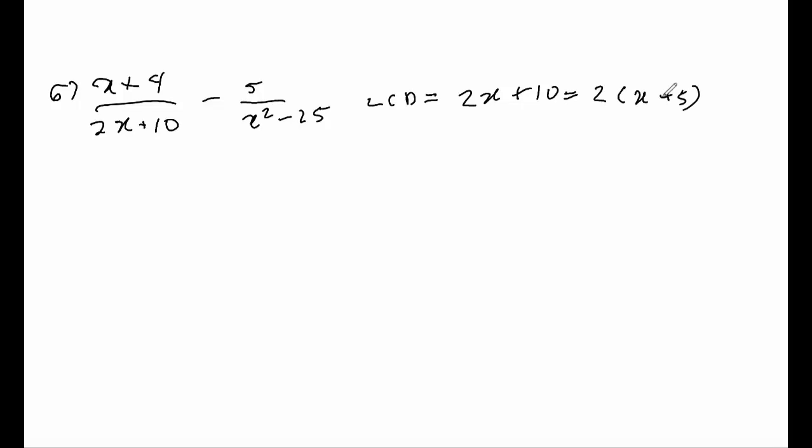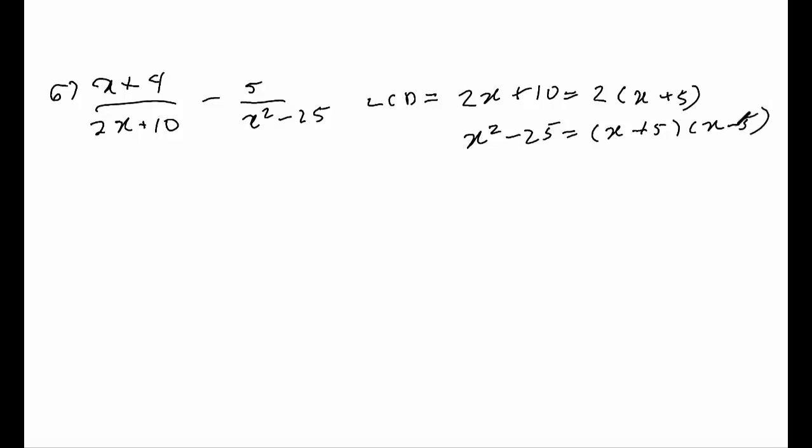And then the other denominator here, we have x squared minus 25, and we see that's the difference of two squares. So that's just equal to x plus 5, x minus 5.